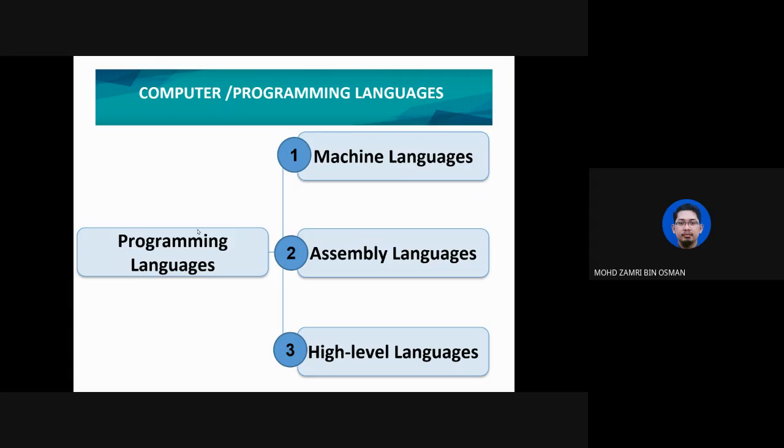The second level is assembly language, which is higher compared to machine language. The highest level, the last one here, is high-level language, which we will cover this morning. C, Python, C sharp, and C++ are the high-level languages available nowadays.